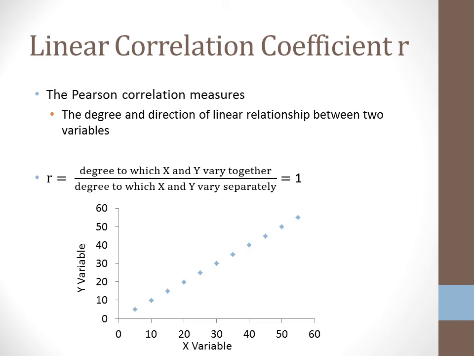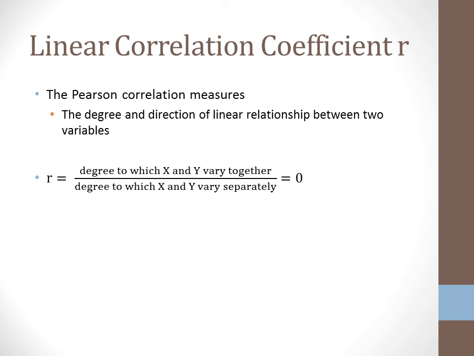If the value is 1, that indicates that we have a positive linear correlation. So as the variable X increases, you'll find a corresponding increase in the variable Y. You could also have a negative R value, like -1, which would also indicate a strong linear relationship, but a strong negative linear relationship. As the values of X increase, the values of Y decrease.